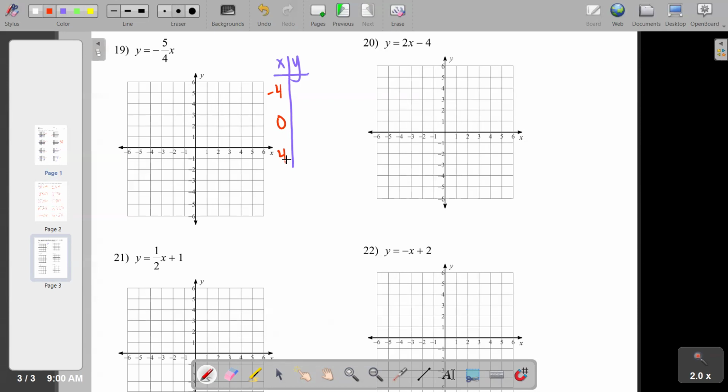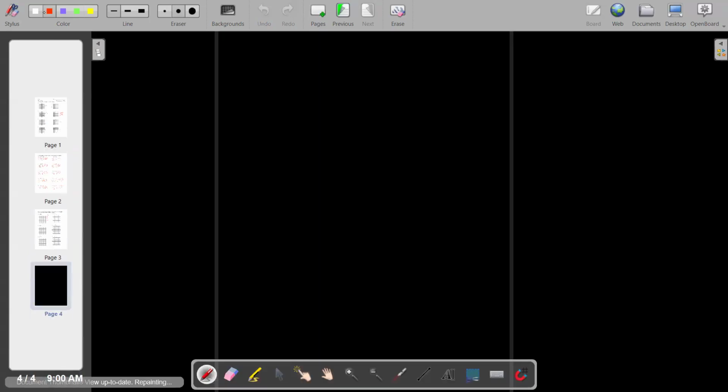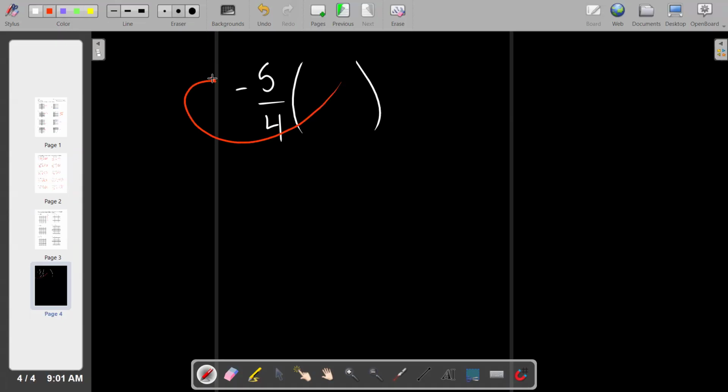Yes, sir. Couldn't use -2, 0, 2? You wouldn't want to use -2, and let me show you where I'm going with this. So we're doing -5/4 of x like this. You're going to fish hook: the number that goes in this blank is going to divide by 4 and then multiply by 5.